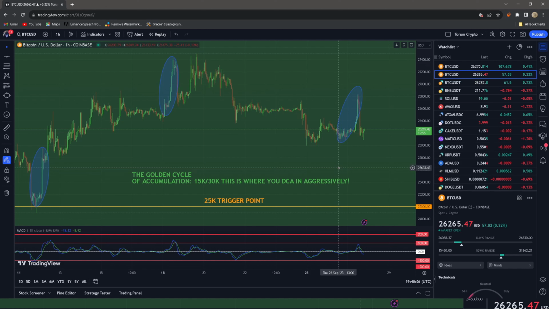And I'll give you a little heads up warning. Never, absolutely never trade during a consolidation period. It's the worst time for you. The absolute worst time is to trade during a consolidation. That's the other point that I can't stress enough.